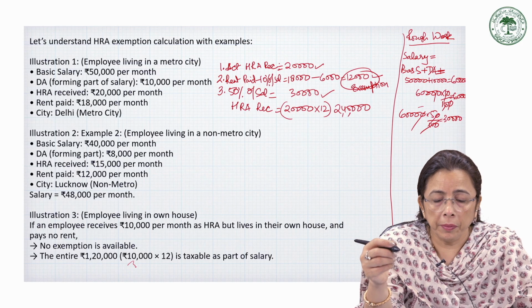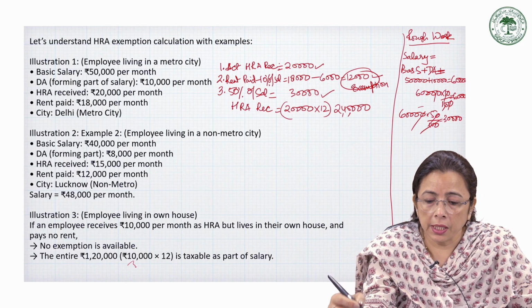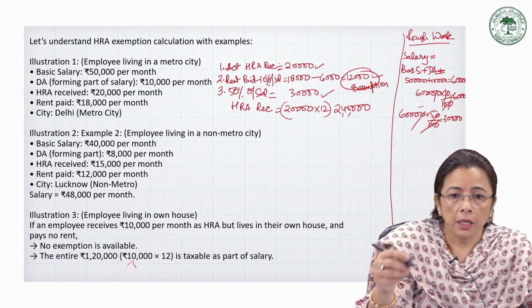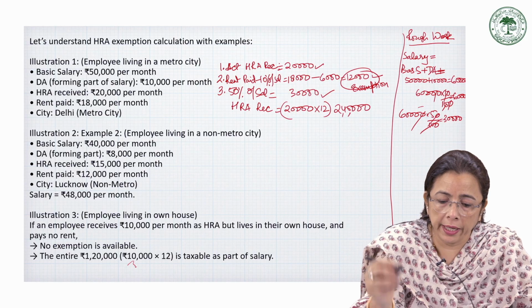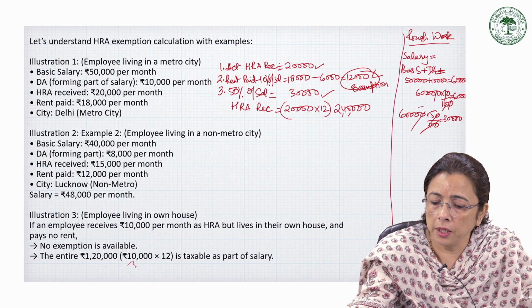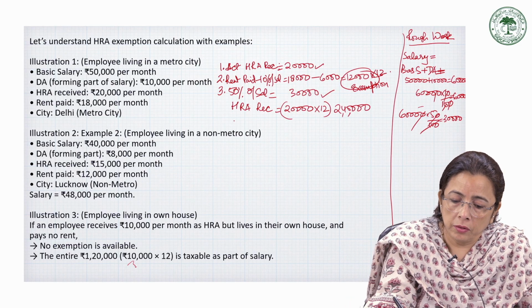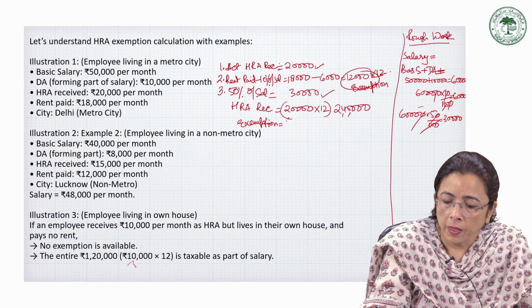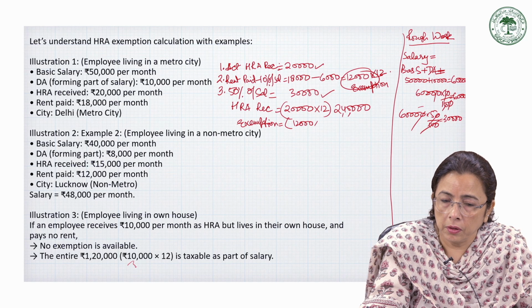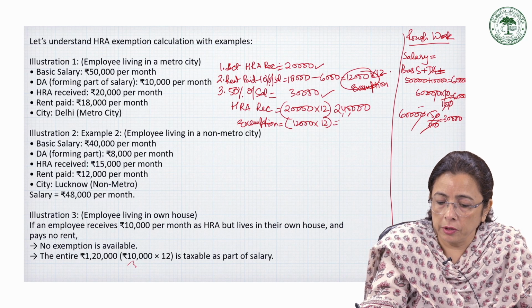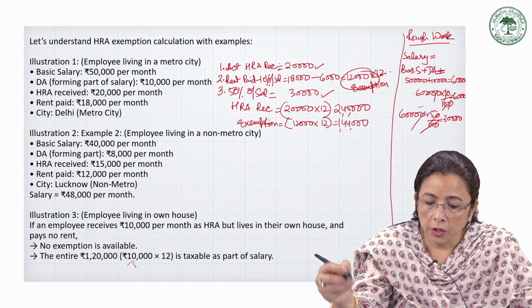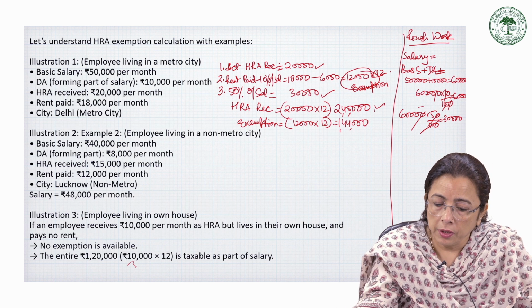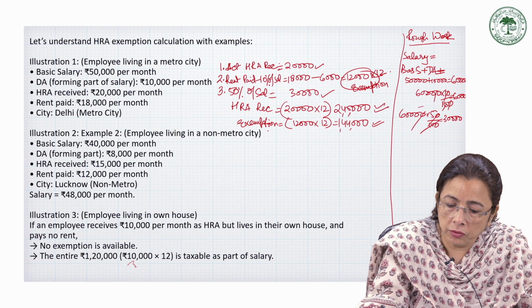The exemption of 12,000 is for 1 month, so we calculate it on an annual basis: 12,000 into 12, which makes it 1,44,000. So this is the HRA received, this is the exemption. What is the taxable amount?